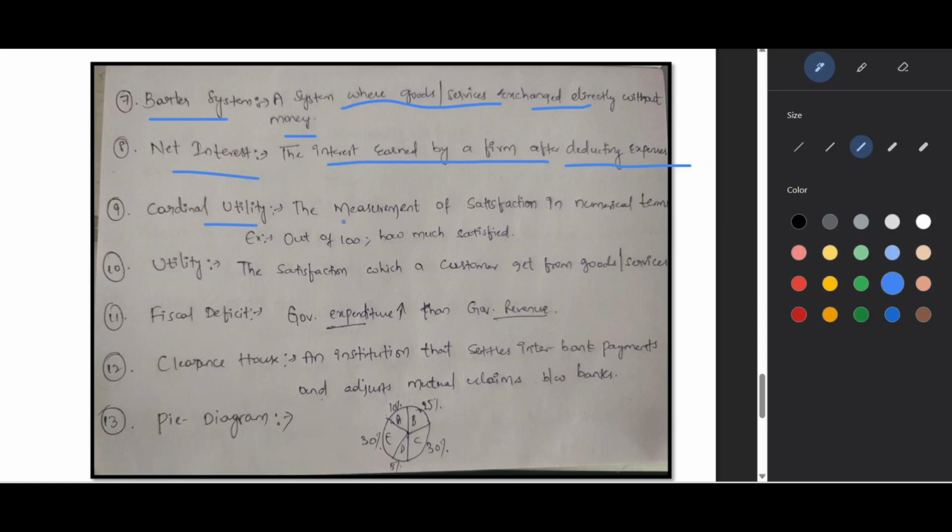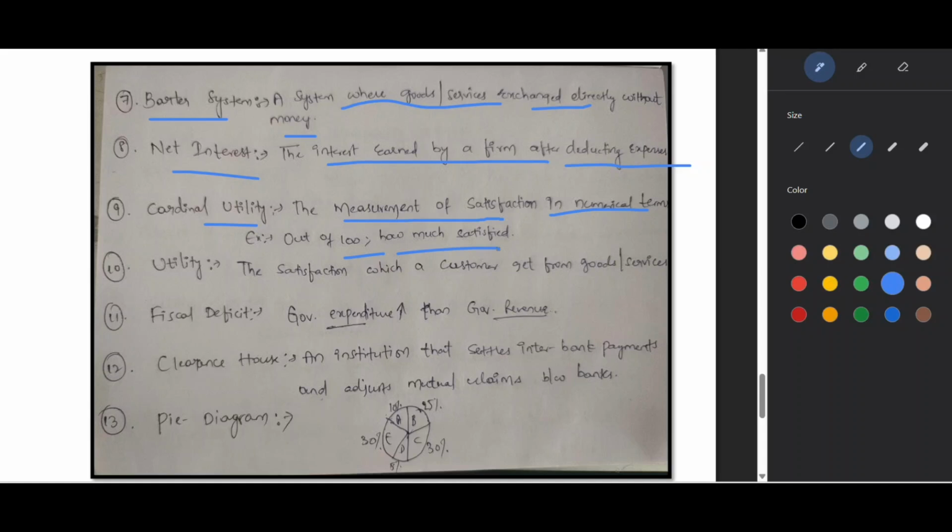Next, cardinal utility. Cardinal utility means the measurement of satisfaction which is expressed in numerical terms. It means how much you are satisfied must be explained in terms of numbers. Example, out of 100%, how much you get satisfied, either 30% or 40% or 50%.